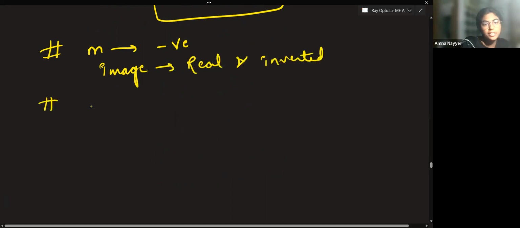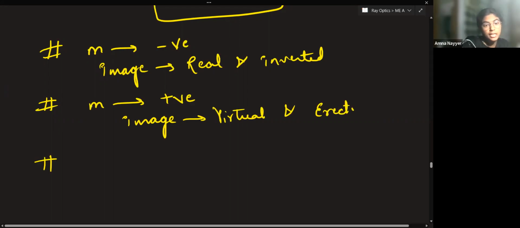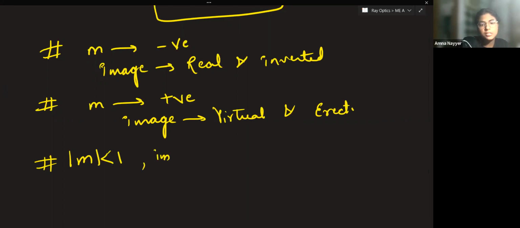If magnification is positive, then the image is virtual and erect. And if magnitude is less than 1, then the image is diminished.